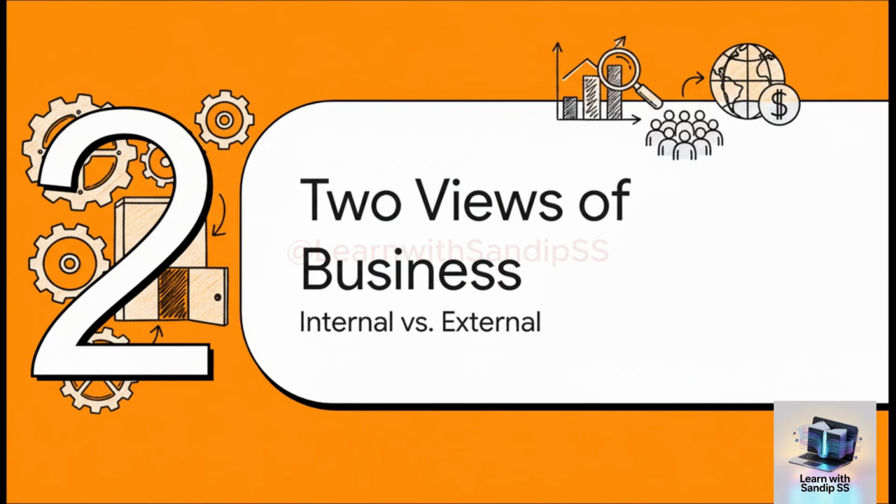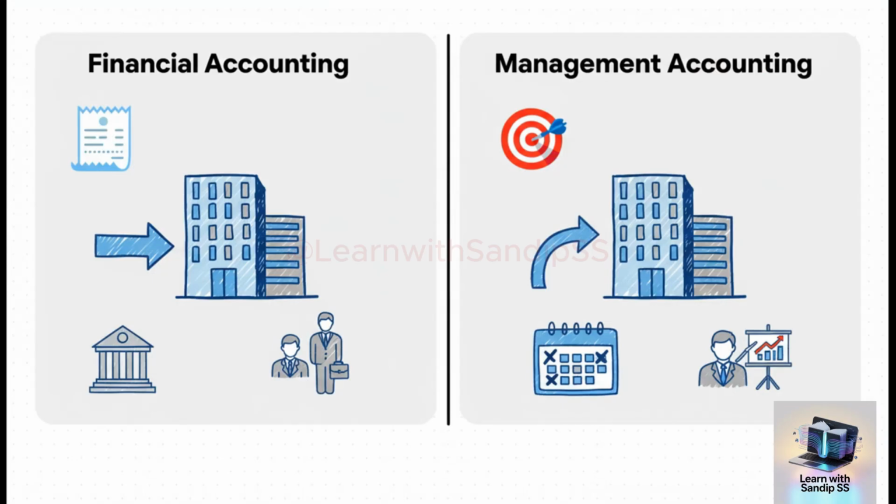To get there, we first have to wrap our heads around a really crucial concept. There are two fundamentally different ways of looking at any company's finances. On one side, you've got financial accounting. This is the official view for the outside world, for the government, for investors, for the tax authorities. It's all about following strict rules and looking at what already happened. But then on the other side, you have management accounting, which you'll often hear called controlling.